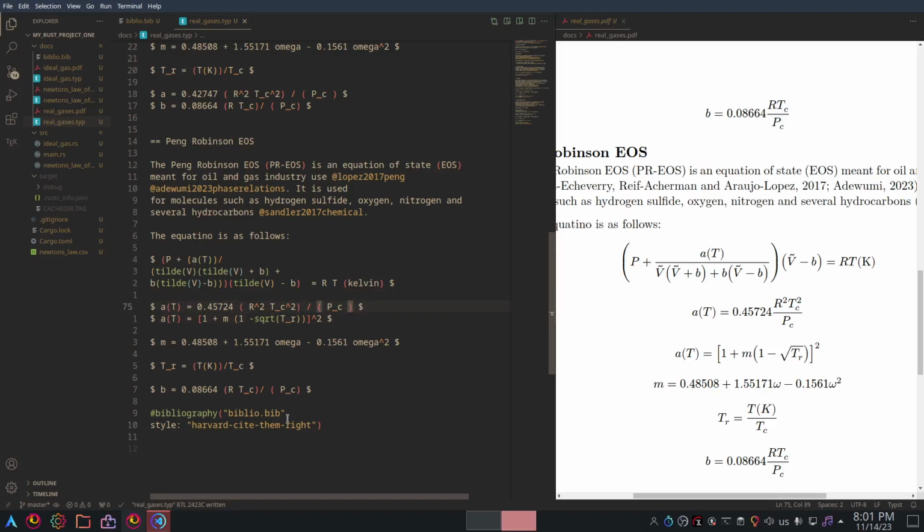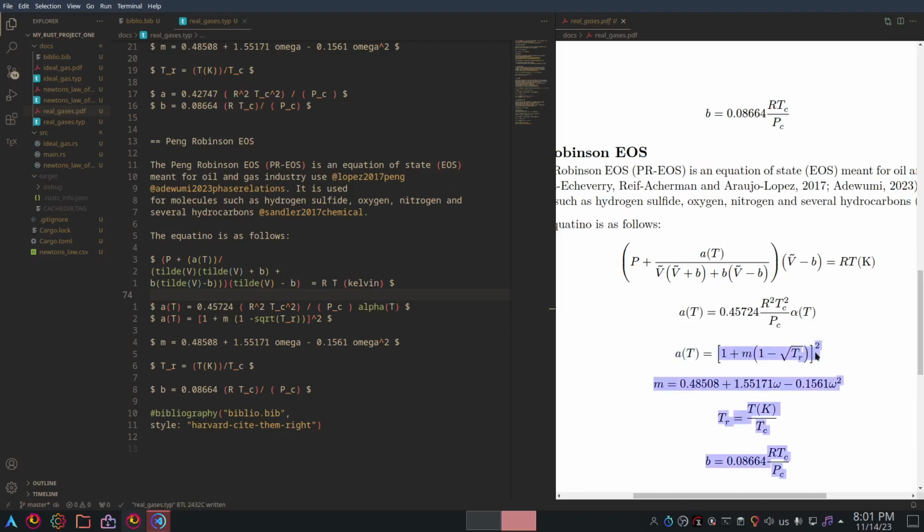Okay, so the next thing here is you have an alpha of T. So you're going to have a big alpha T there. This alpha T in itself is going to be a function of the reduced temperature and the eccentricity factor. So yes, alpha T will still be the square of this whole term here: 1 minus the reduced temperature.